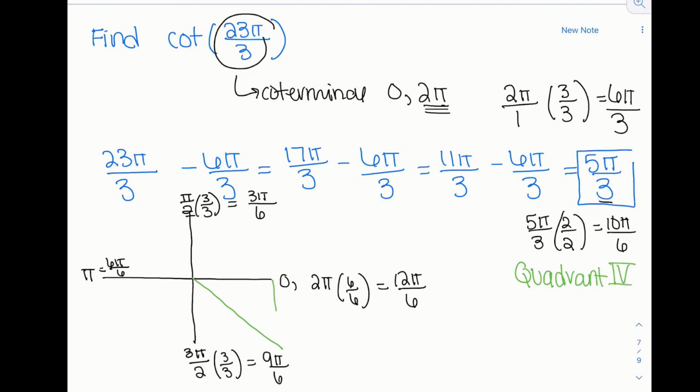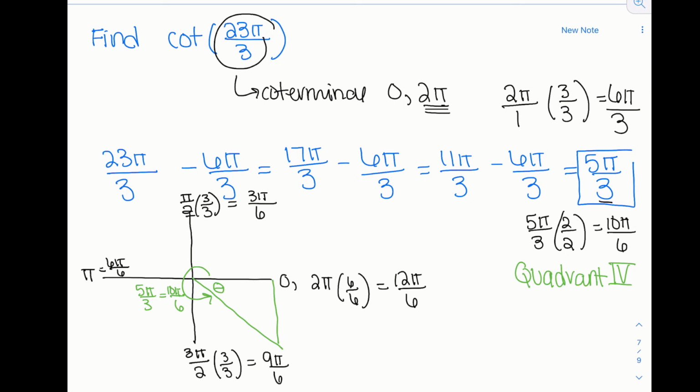So that's rotating around 5 pi over 3, which is the same thing as 10 pi over 6. And I haven't written the angle in here yet because that angle that I want to find now is going to be the reference angle.